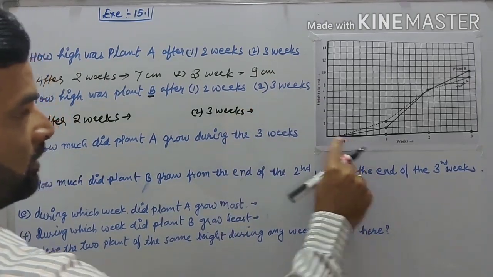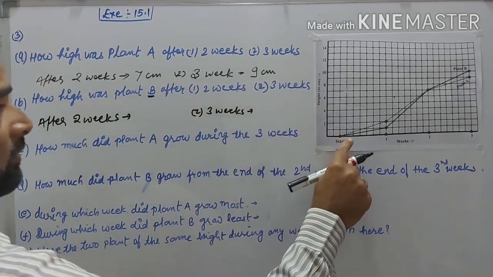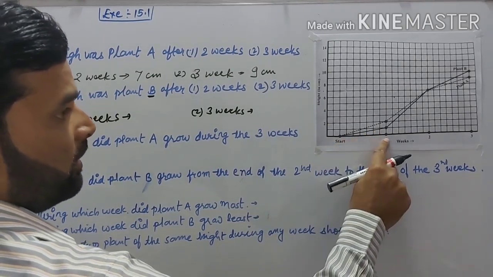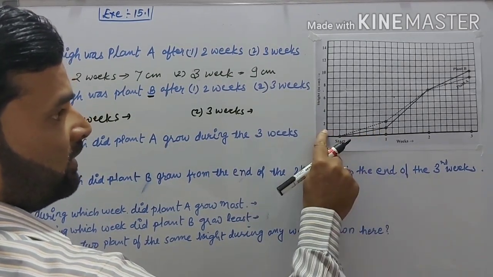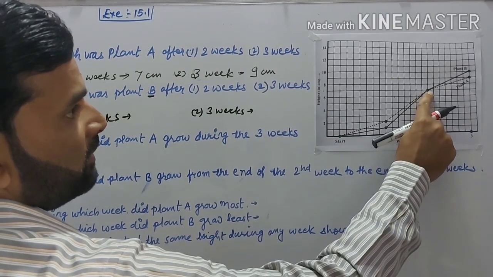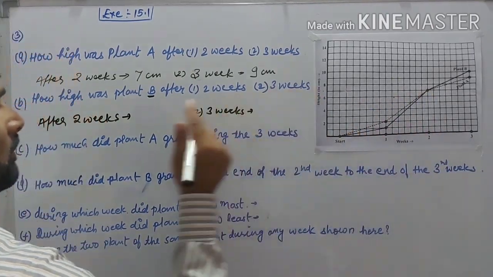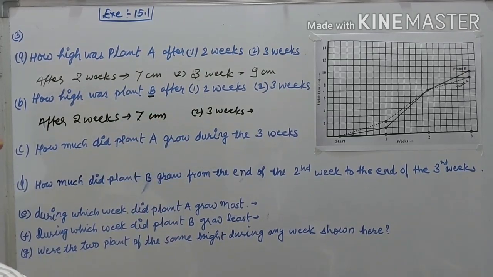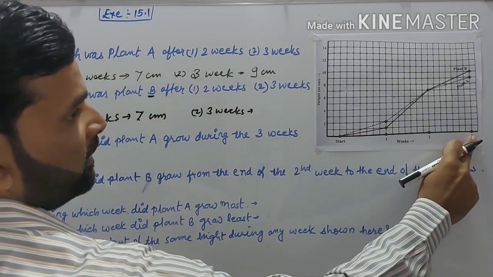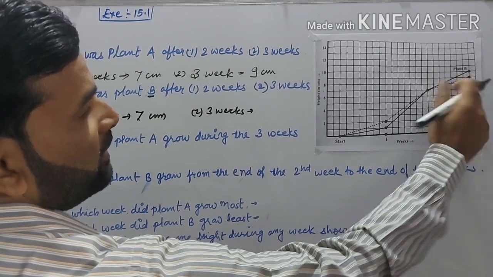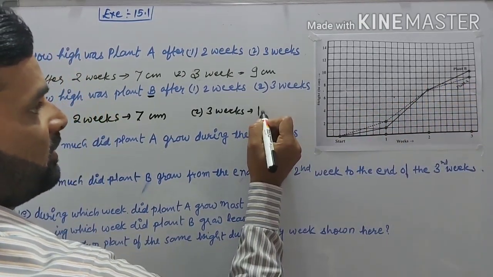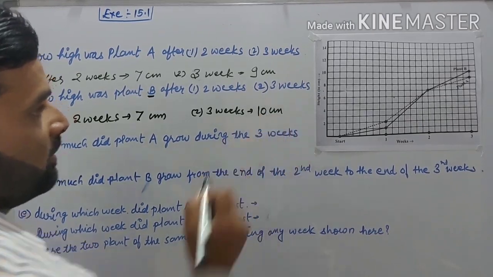The dotted line is plant A and the regular line is plant B. Plant B starts here, after 1 week its height is 1 centimeter, and in the second week the height is the same, 7 centimeter. So the answer is 7 centimeter. Now in the third week, the point of B on the regular line is at 10, which means the height is 10 centimeter.